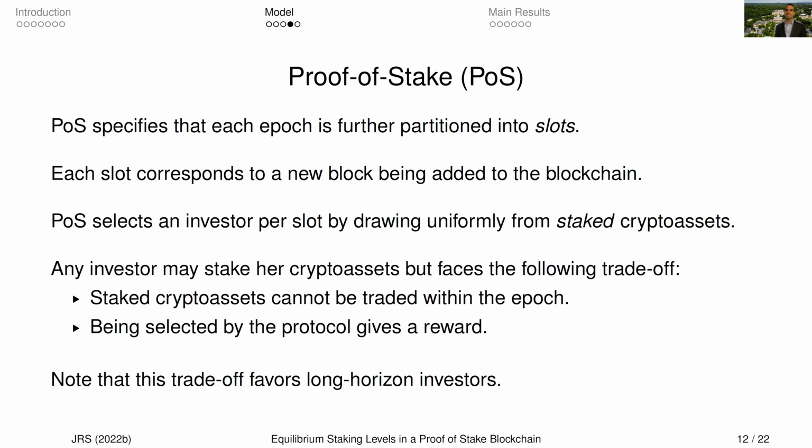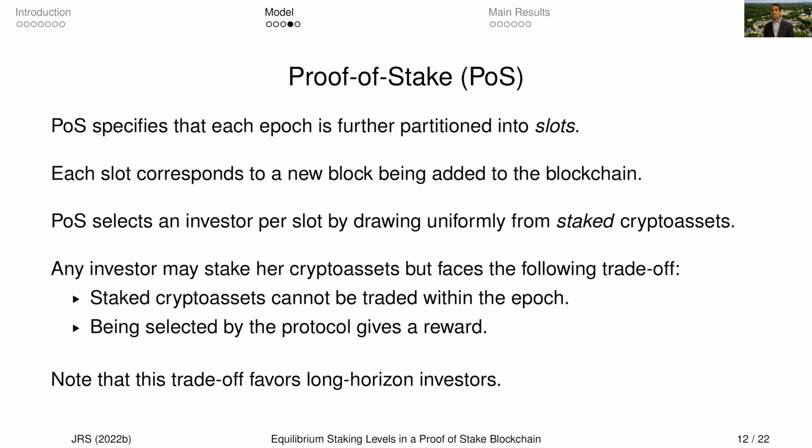Now, what do I mean by staked crypto assets? What is a staked crypto asset? Well, any crypto asset that is owned can be staked by the owner, but it comes with a trade-off. What's the trade-off? If you stake your crypto asset, you can't trade it. So you basically impose a level of illiquidity upon yourself.